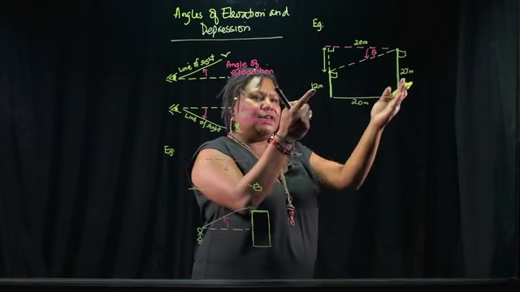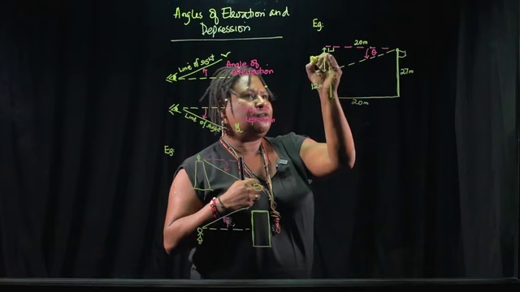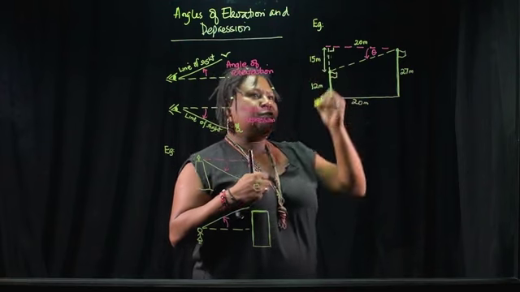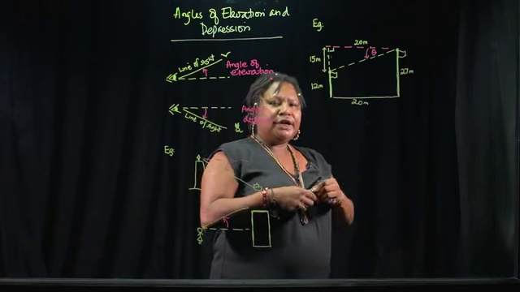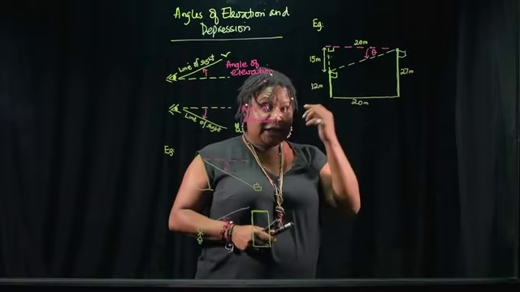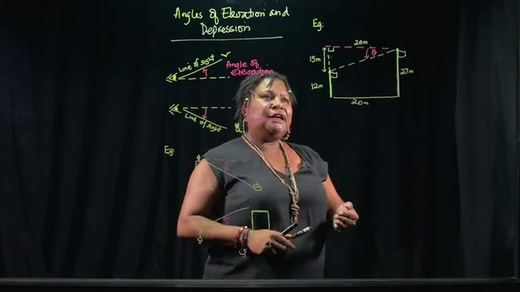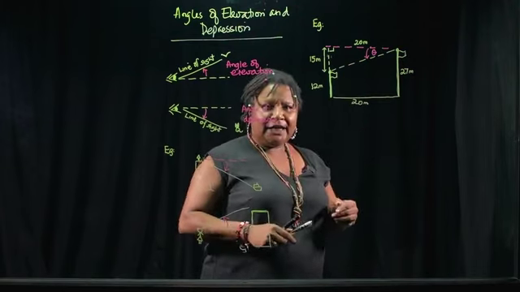So 27 minus 12 will give us a distance of 15 meters. Now that we have the information in a diagram, it's easier to see what ratio we are using and how we can find that angle.